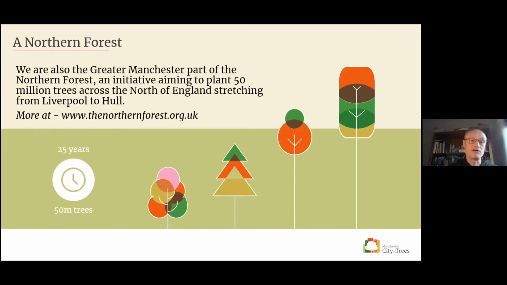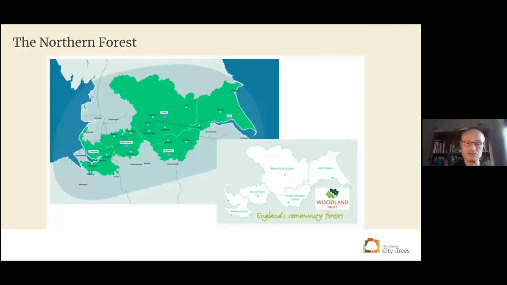We are also part of an initiative called the Northern Forest. We are one of 5 organisations in this project, and the aim of that project is to plant 50 million trees across the north of England in a band stretching from Liverpool in the west to Hull in the east. And you can see that from this map here.